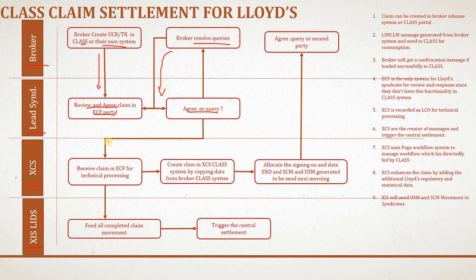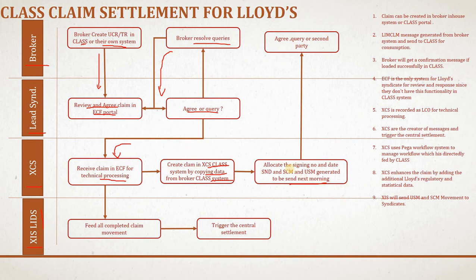If the lead syndicate agrees, then the file will be produced to the XCS, and XCS will retrieve the claim from the ECF for the technical processing, then create the claim in the XCS class system. They will allocate the signing number and date, SND, and create the claim in class system by copying the data from the broker class system.